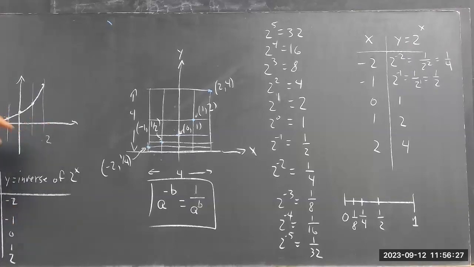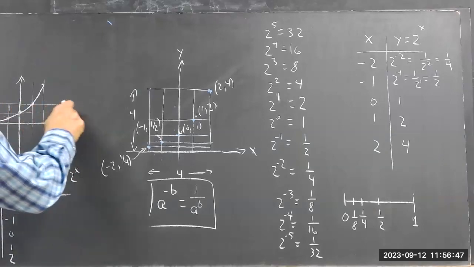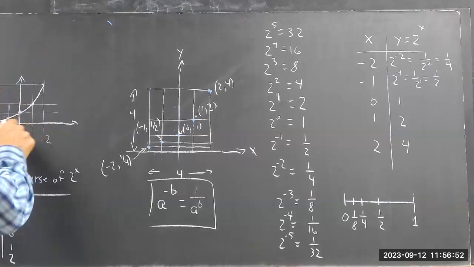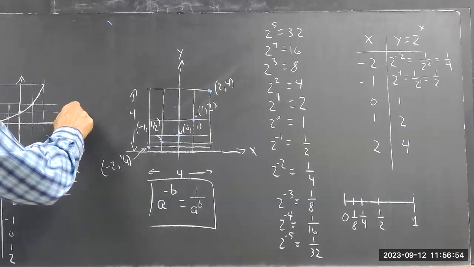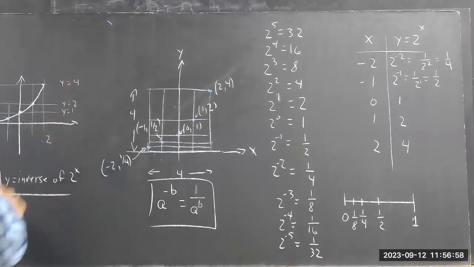Now, sketch yourself a graph like this. Make sure these lines are equally spaced. Sketch this graph, and then see if you can find the point 1/4, -2. And also, like here's 1, here's 2, and here's 4. I'll label that y equals 1, y equals 2, y equals 4.